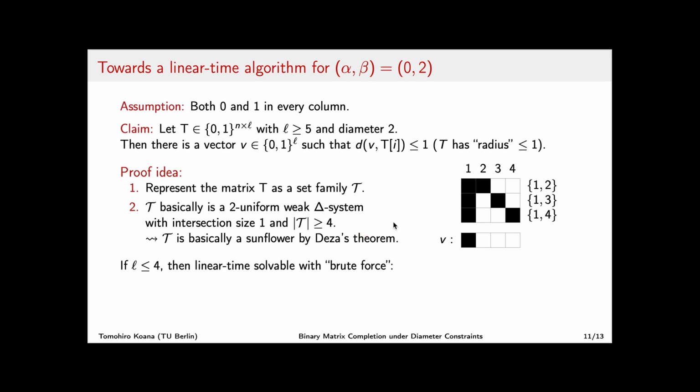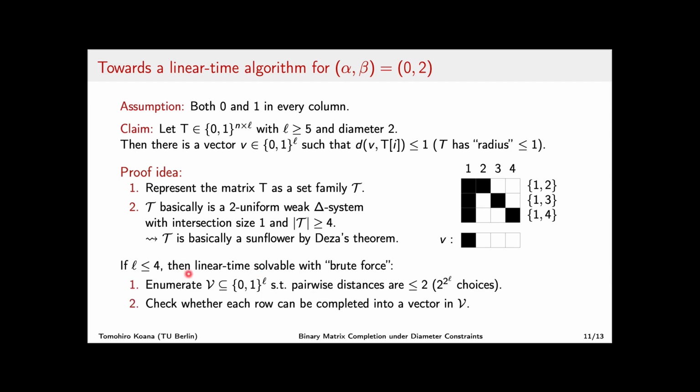So suppose that L is at most 4, then we can solve the problem in linear time by basically brute force. So to do so, first we enumerate all sets of vectors such that the pairwise distances are at most 2.